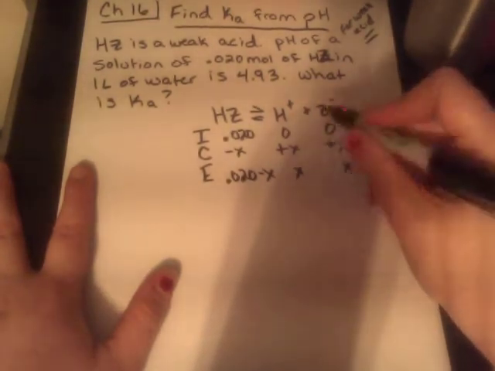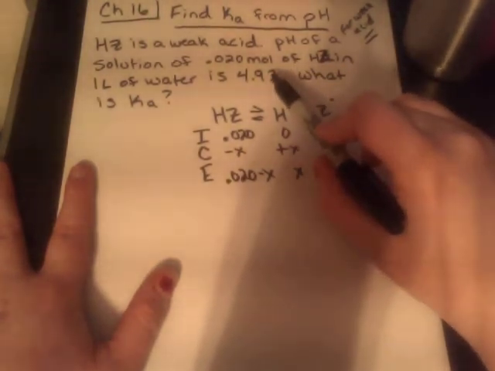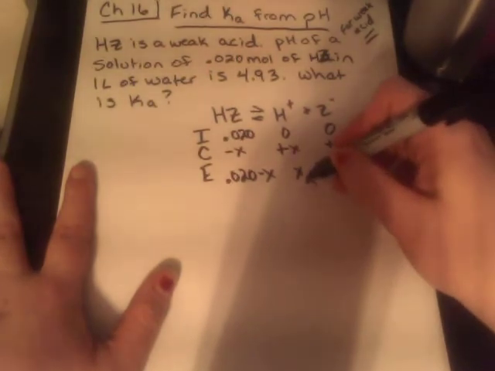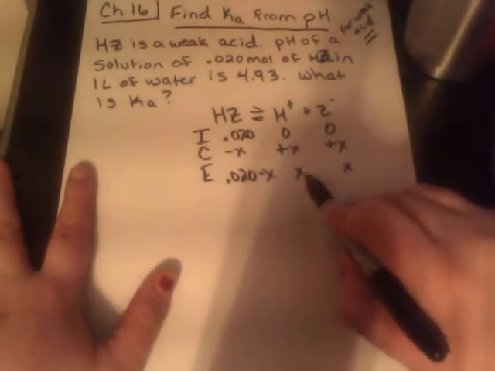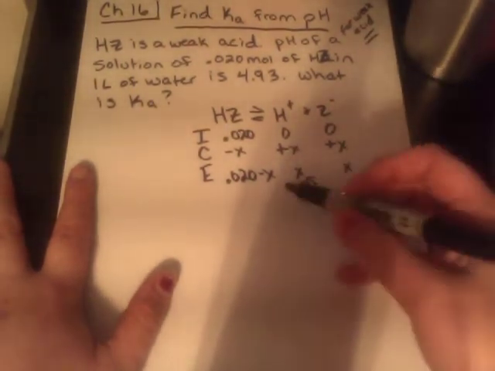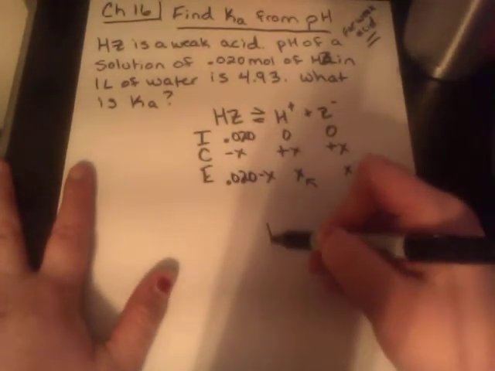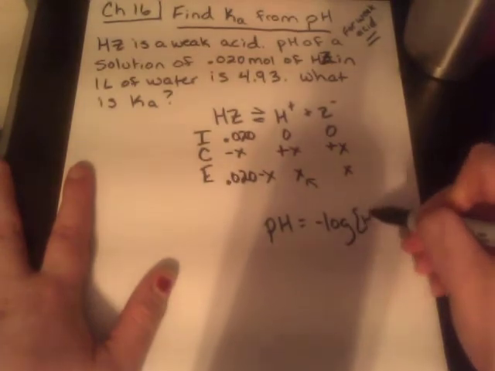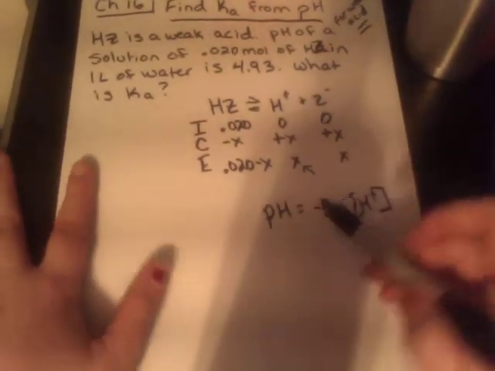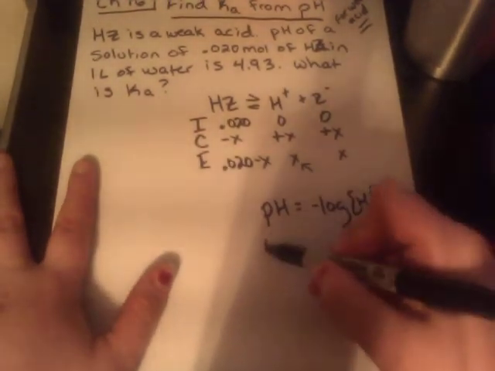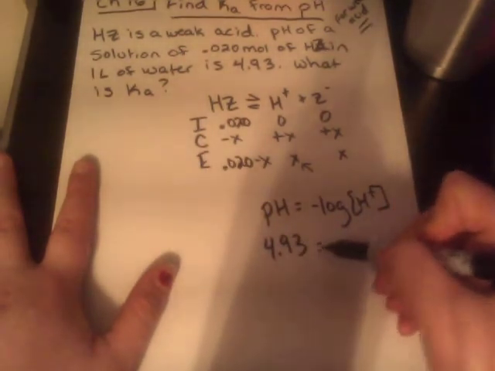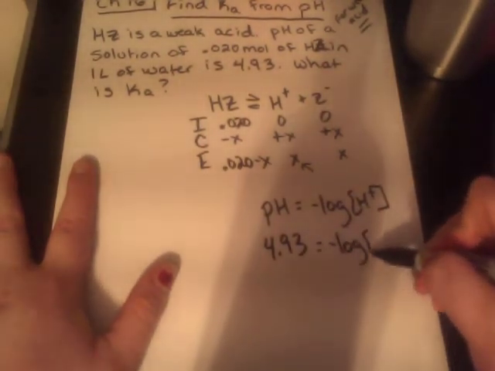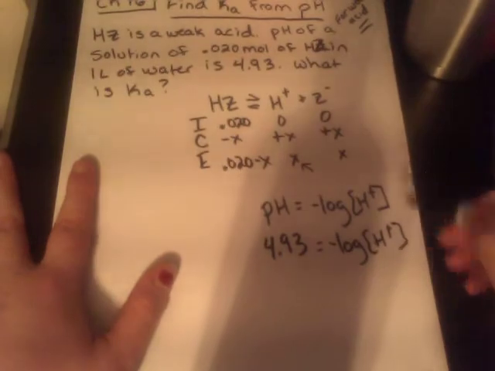However, do we actually know the pH of the solution? So what do we actually know? We know the concentration of H plus at equilibrium, don't we? Since pH equals negative log of the concentration of H plus, we know that 4.93 equals negative log of the concentration of H plus.